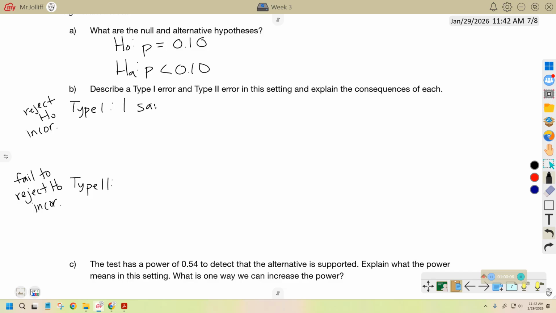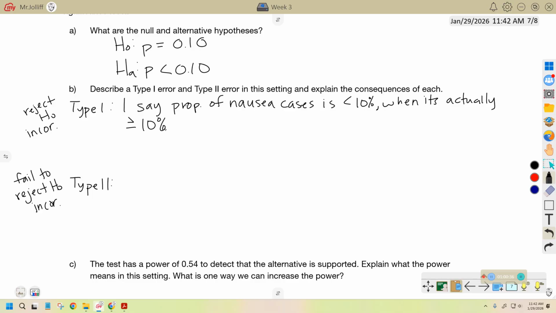So I say the proportion of nausea cases is less than 10% when it's actually equal to or more than 10%. It's the other direction. I say it's less than, it's actually the other way.